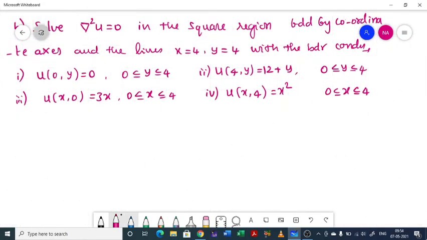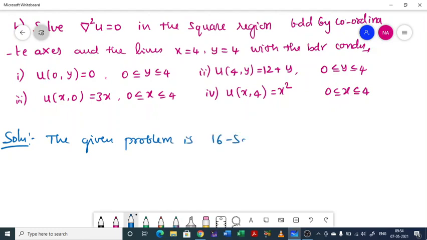Solution. See, here x equal to 4, y equal to 4 and the other boundary lines are x equal to 0, y equal to 0. So you can guess that the given problem is a 4 by 4 mesh.